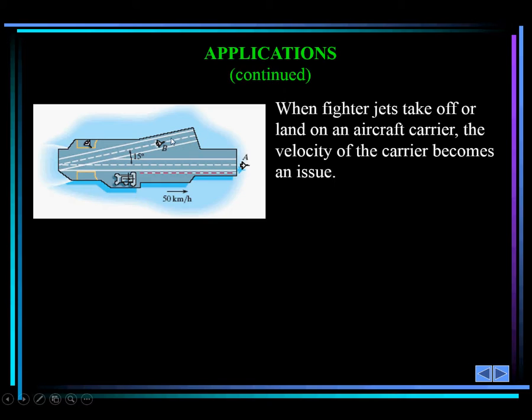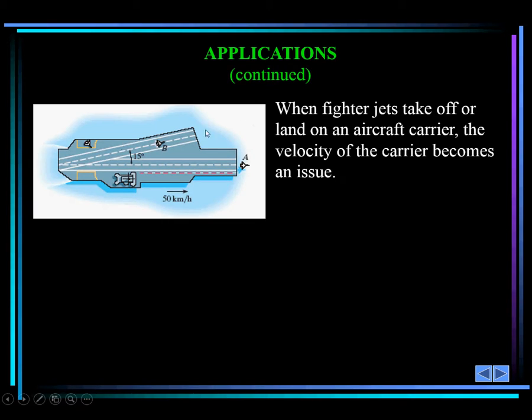The velocity of the plane is not exactly just the velocity of the plane. It's the velocity of the plane, and it has the velocity of the carrier to contend with. So if you take off in the same direction as the carrier is going, then there's no relative velocity.